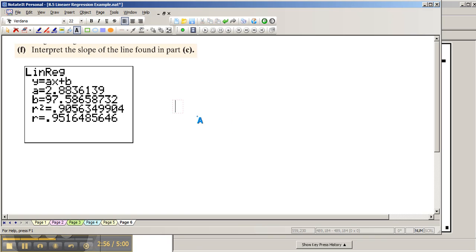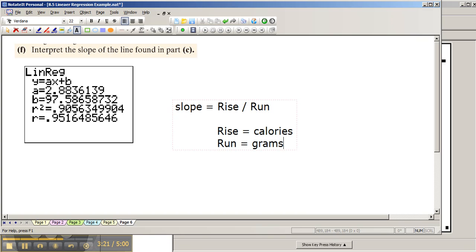So interpreting that means basically, since the slope is equal to the rise over the run, in this case the rise, or the y value, is the calories, and the run is the x values, which is the grams.